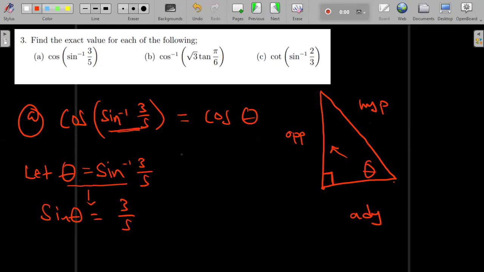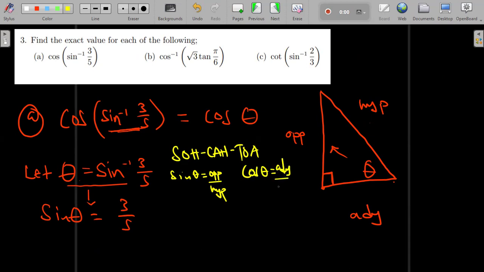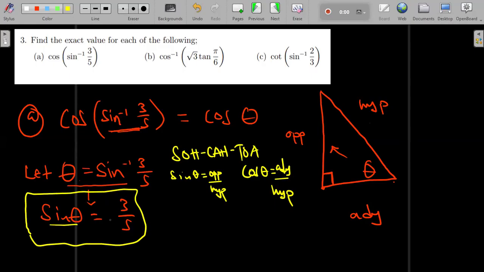So from your SOHCAHTOA, if you remember from high school, sine of a certain angle, let's say theta, is equal to opposite divided by hypotenuse, and cos theta is equal to adjacent divided by hypotenuse.